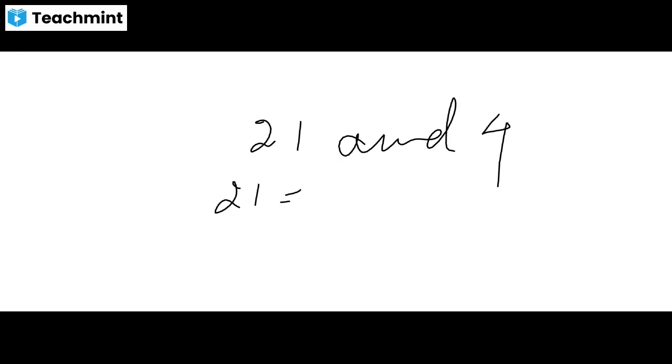For example, if you take 21 and, let's say, 4, 21 and 4 are co-prime. 21, if you factorize, we can write 3 sevens are 21, 3 into 7. 4 can be written as 2 into 2.